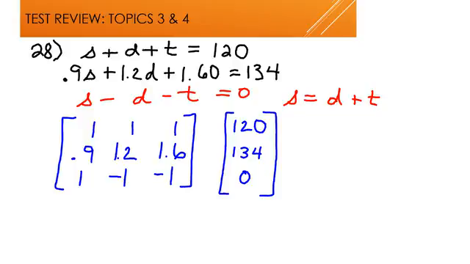And then I'm going to do what they're worth. Remember, money goes with money. Okay? All right. And this was $1.60 T. Don't forget that variable.